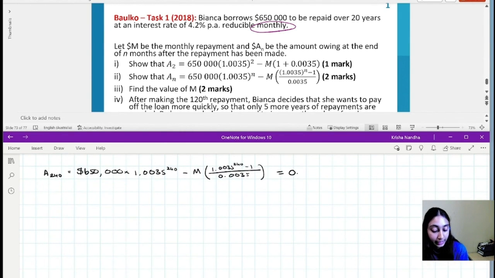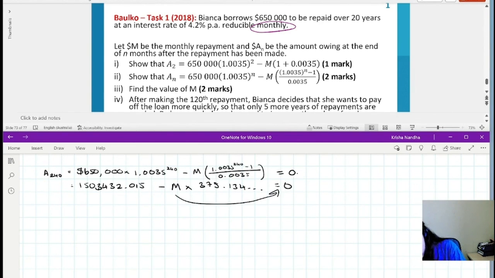So now we're just going to solve for m. I'm going to put this into my calculator because it looks a bit disgusting to try and do it algebraically. So 650,000 times 1.0035 to the power of 240 gets me to 1,503,432.015, minus m times (1.0035 to the power of 240 minus 1) on 0.0035, which is 375.13 and so on. I'm going to solve for m, so I'm going to bring this over to the other side.